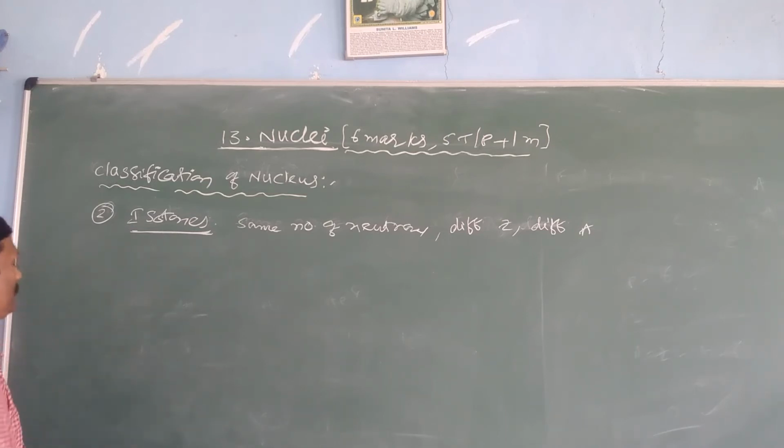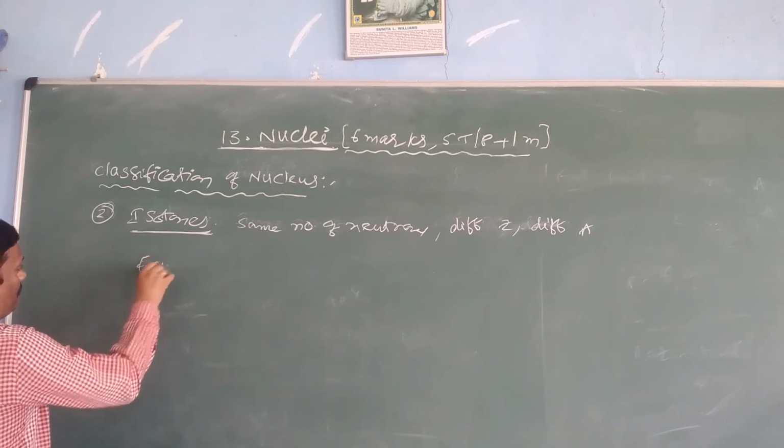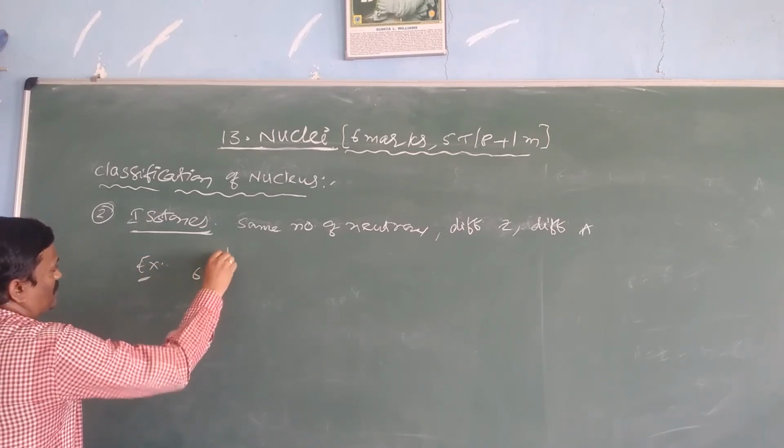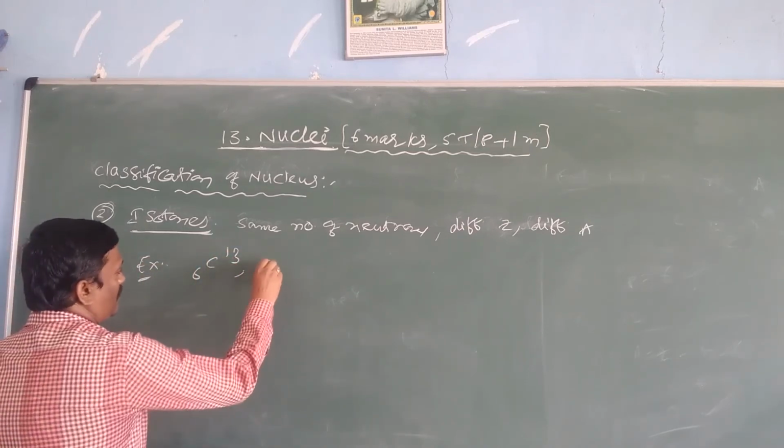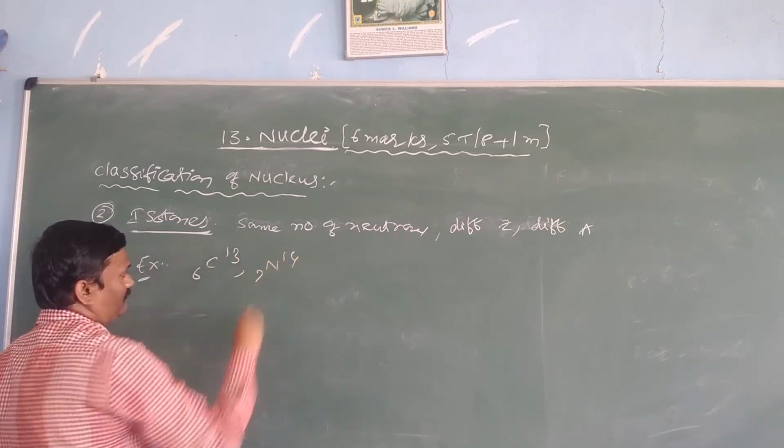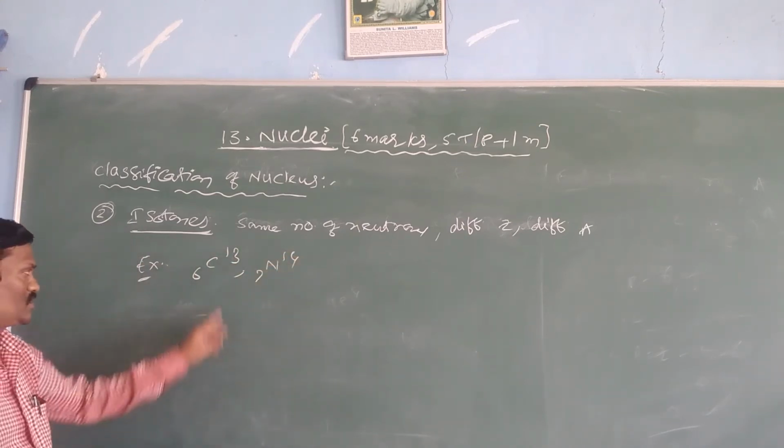For example, carbon 6,13 and nitrogen 7,14. These two are called isotones.